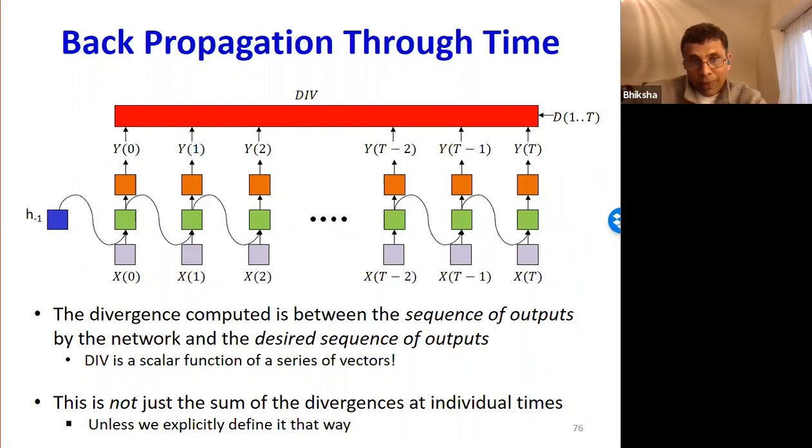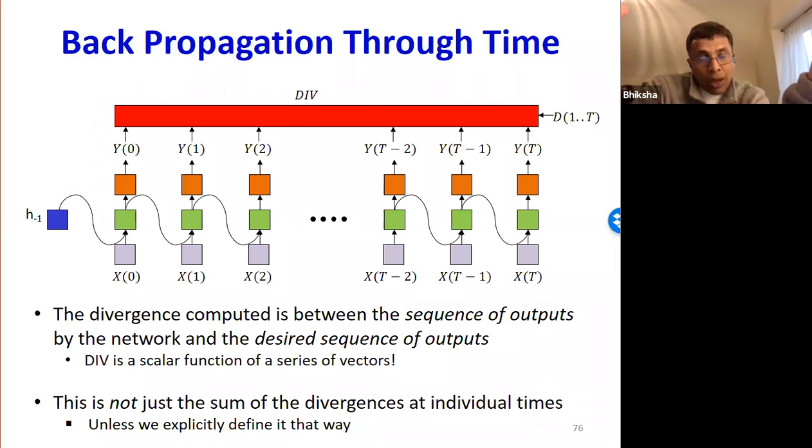That doesn't hold. For example, if you are performing speech recognition, the network may produce 5 words as an output, but the desired output may have 7 words. So you can't even find a one-to-one correspondence between the output and the input. You can't just decompose this divergence into the sum of divergences at individual times.